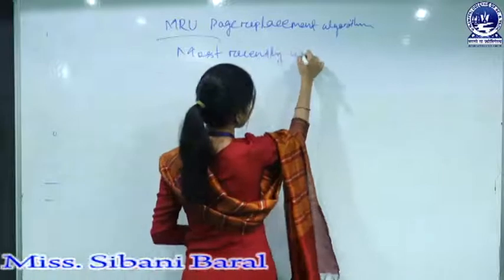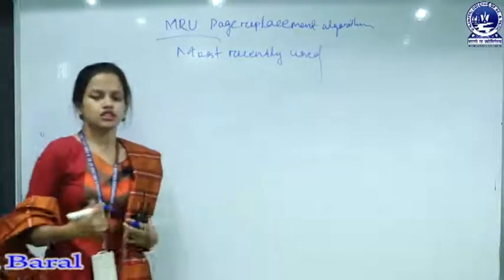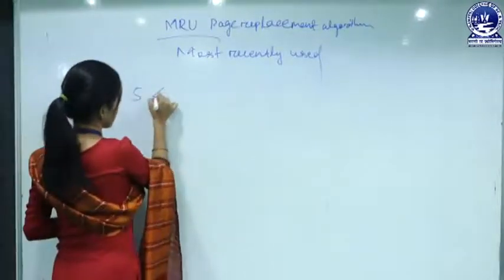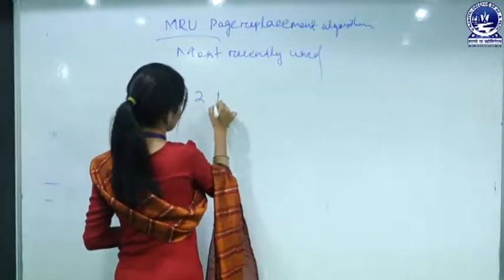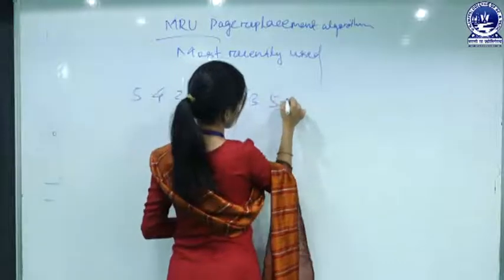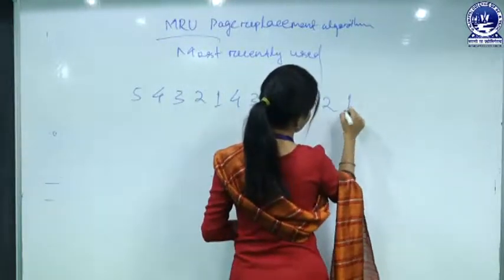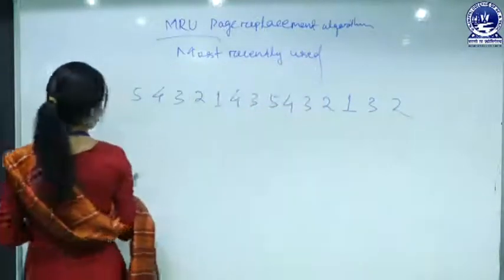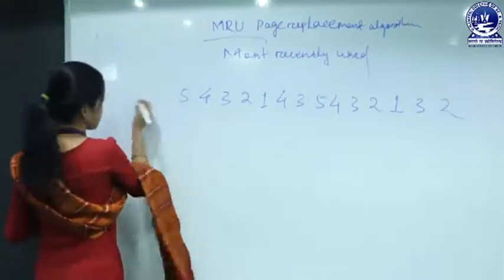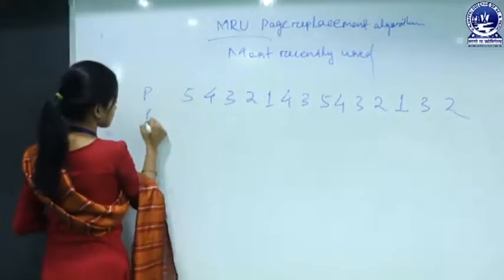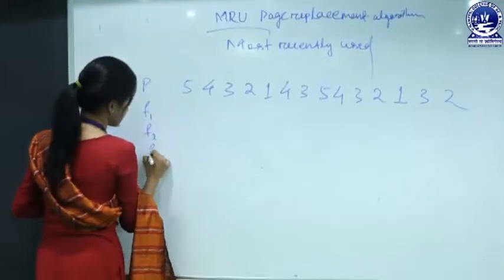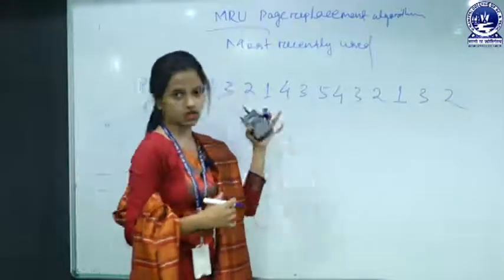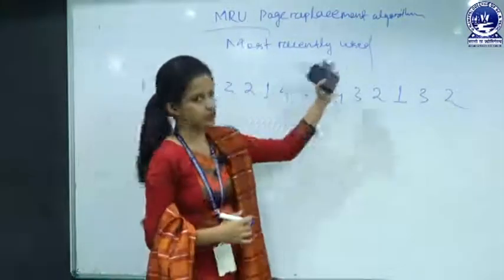Suppose I took the same example like this. We took the pages, this is the reference string or pages, and this is the main memory, and we just solve this algorithm by most recently used.